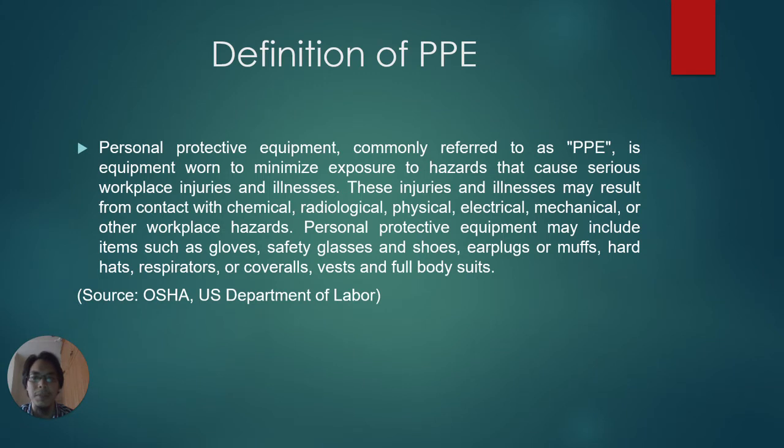Definition of PPE. Personal protective equipment, commonly referred to as PPE, is equipment worn to minimize exposure to hazards that cause serious workplace injuries and illnesses. These injuries and illnesses may result from contact with chemical, radiological, physical, electrical, mechanical, or other workplace hazards.